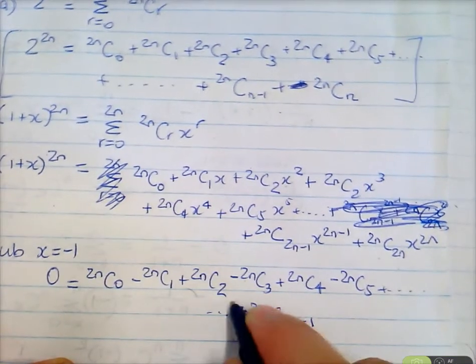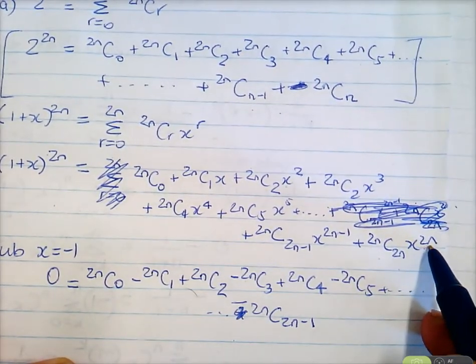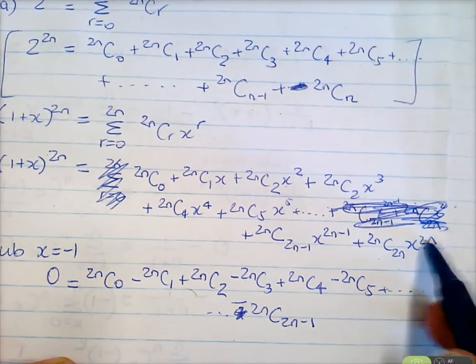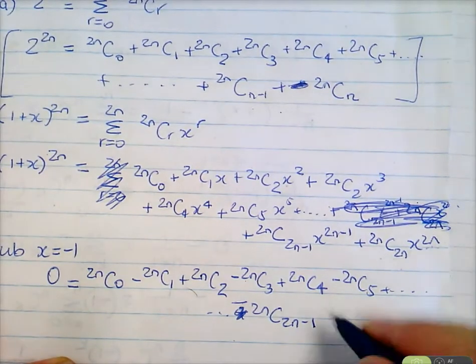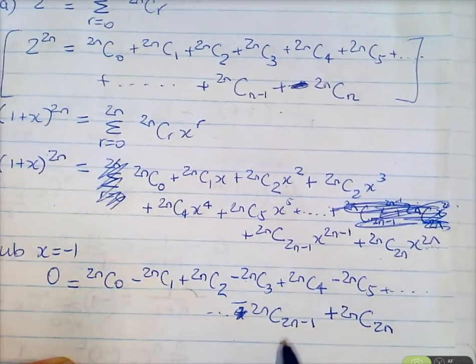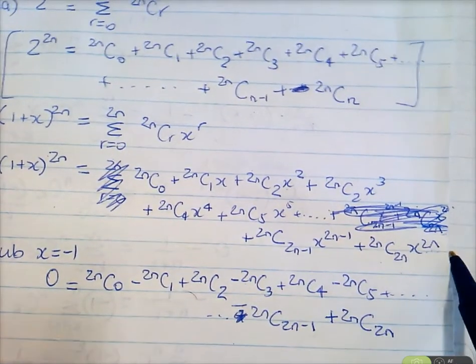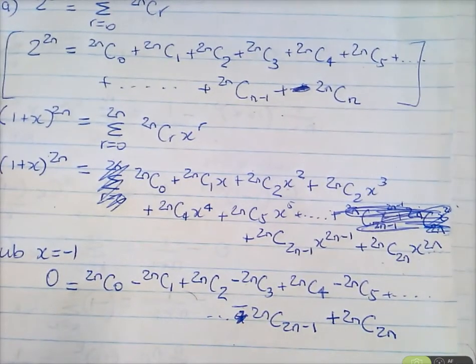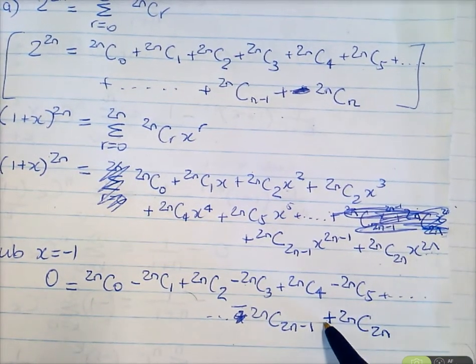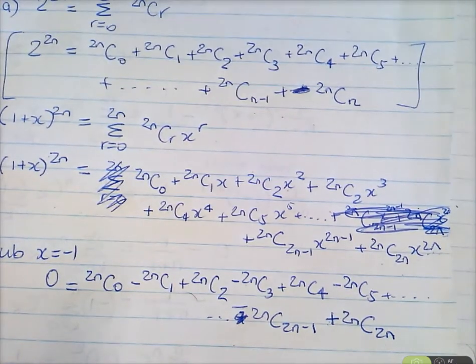Wait, that one must be the minus, because x to the 2n, where n is some whole number, x to an even power gives you a positive. So the last term is the positive one, and the second last one is the negative one. Does that make sense? Because it's x to the 2n, and n is a whole number, -1 to the power of an even number is positive. So the last term is positive, the second last term will be negative.